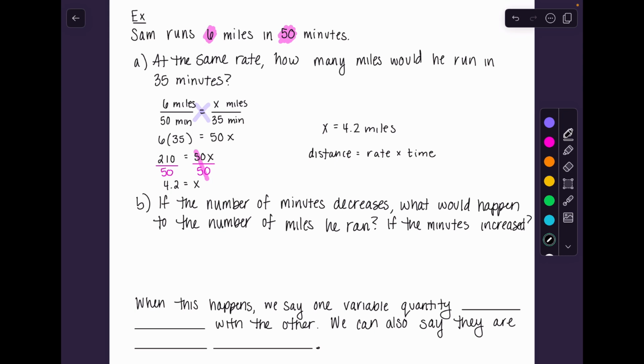So here, if the number of minutes that Sam runs decreases, what happens to the number of miles? And then what happens if we bump up the number of minutes, assuming that he can keep this pace? So if he runs less time, he should run less miles.